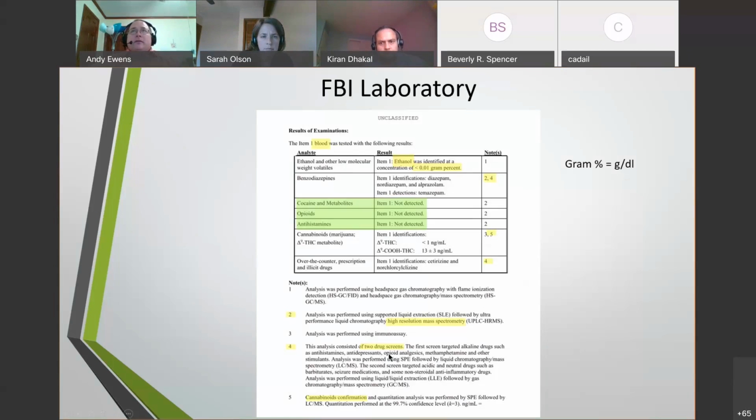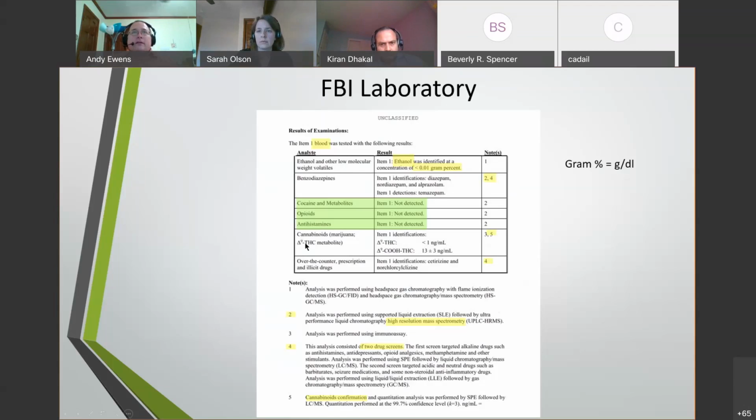So the problem is here with the diazepams, they're saying that these are detected, but they're not telling you how much is actually in there. And that's problematic because in order to get certain interpretations about intoxication, you need to know how much is there.